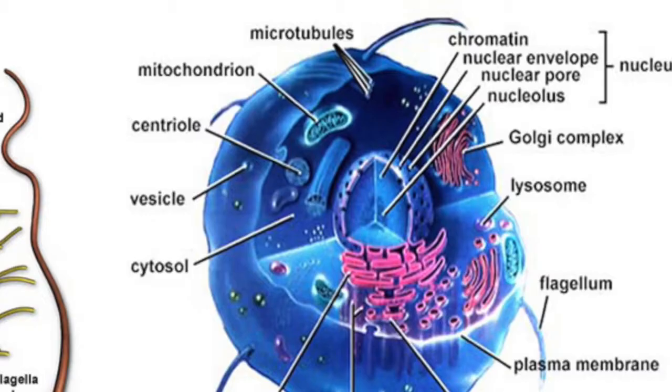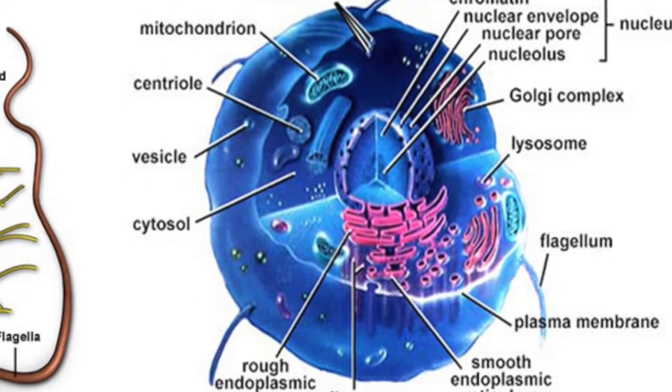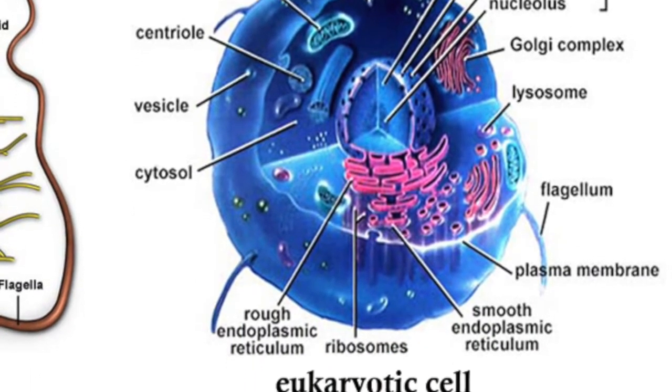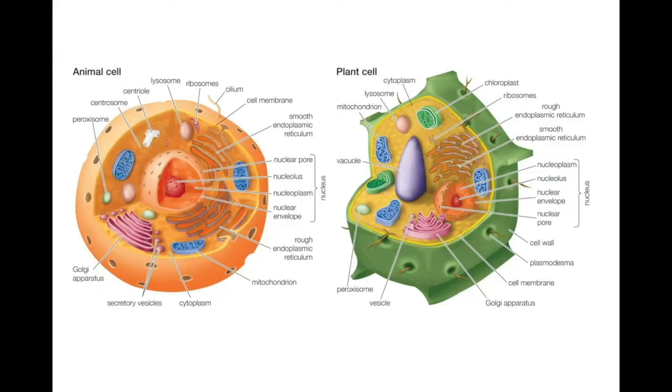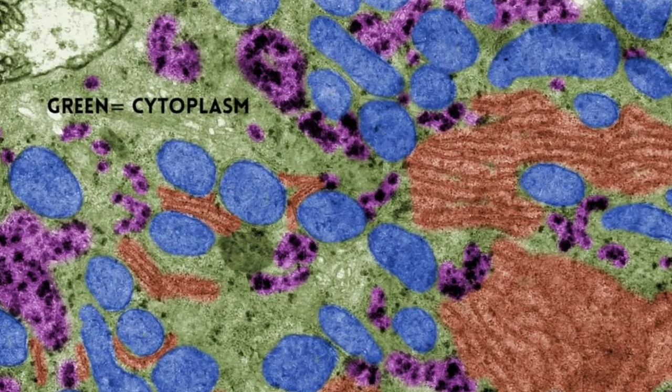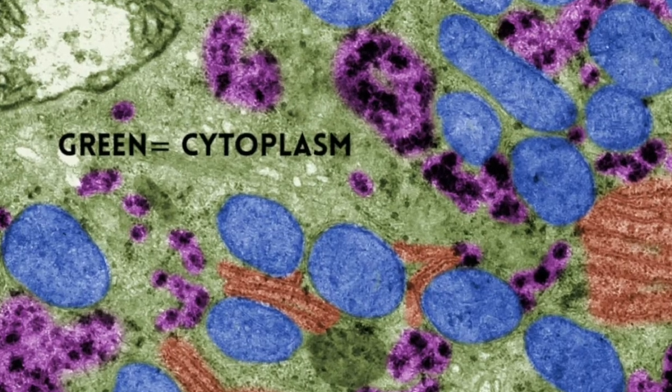Plant and animal cells have even more similarities since they are both known as eukaryotic cells, meaning they have a membrane-bound nucleus. Both plant and animal cells consist of a cell membrane surrounding many organelles, which are floating in a jelly-like substance called cytoplasm.